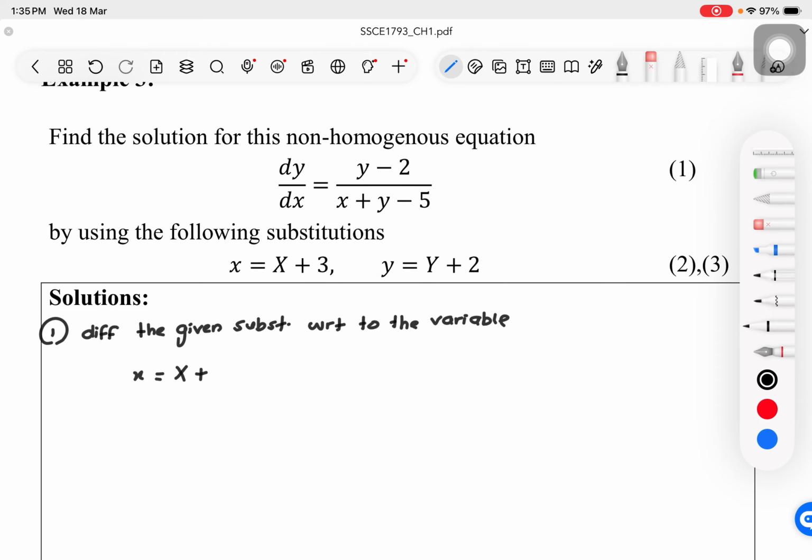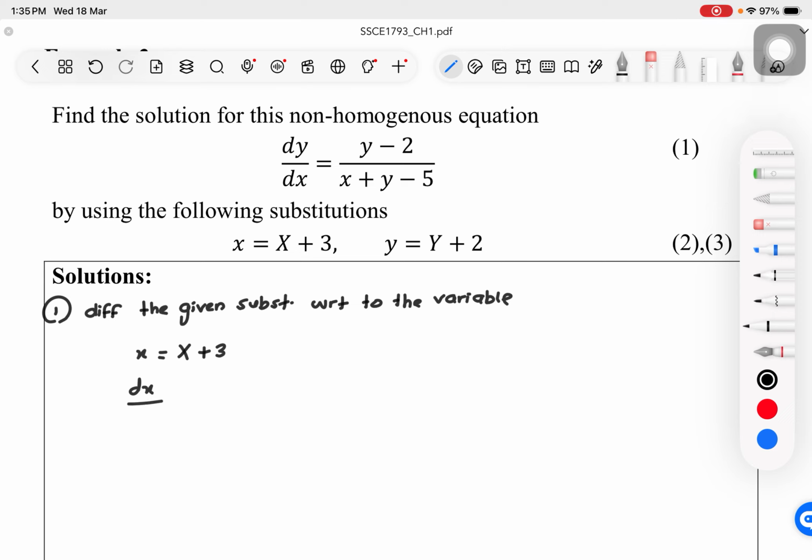You differentiate with respect to x, and you get dX is equal to dx. Now you have another one, Y is equal to y plus 2. Differentiate with respect to y, so you get 1, so it becomes dY over dy.